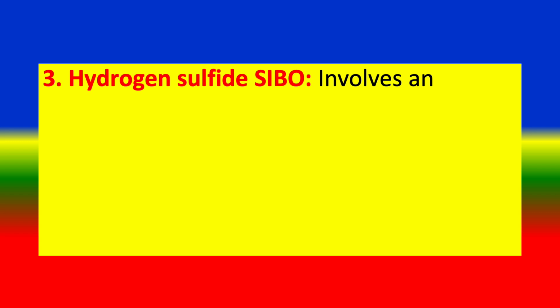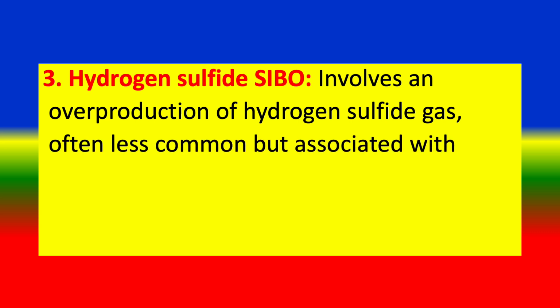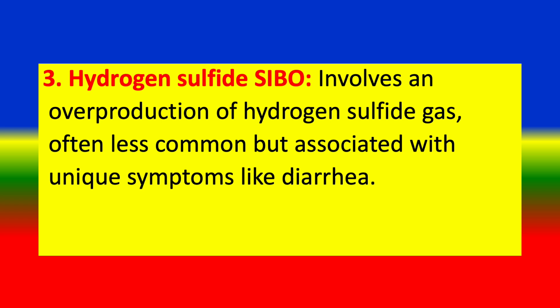Hydrogen sulfide SIBO, involves an overproduction of hydrogen sulfide gas, often less common but associated with unique symptoms like diarrhea.